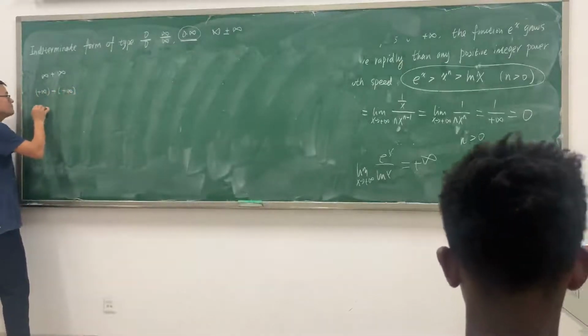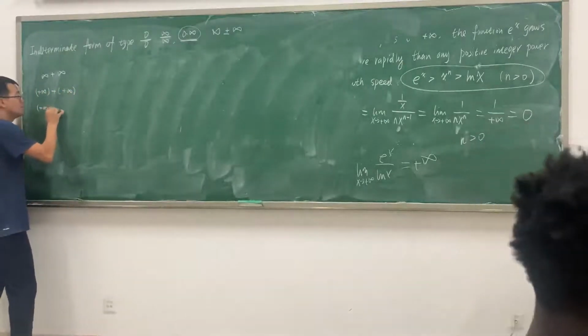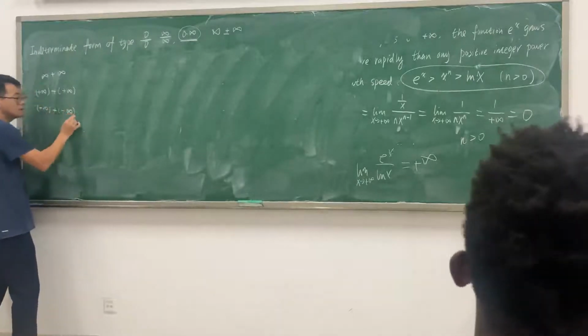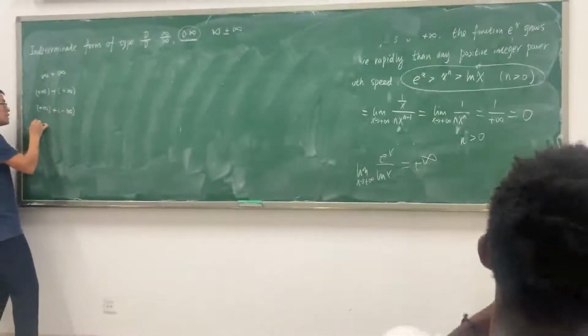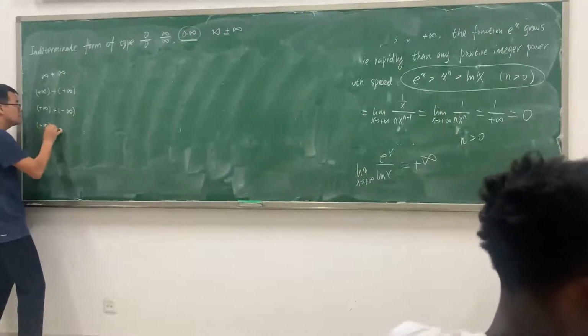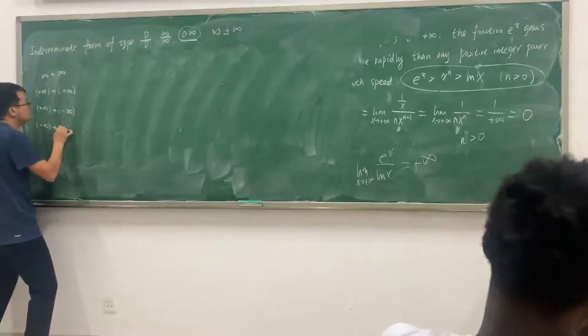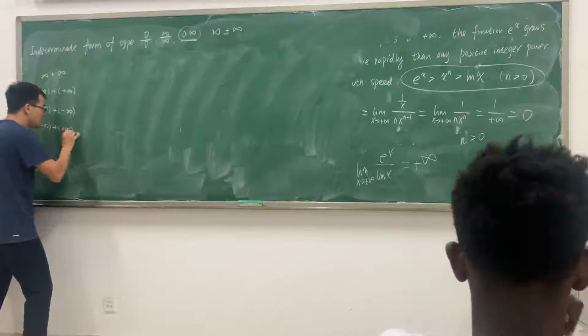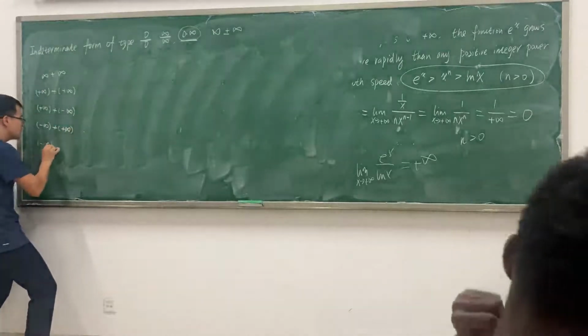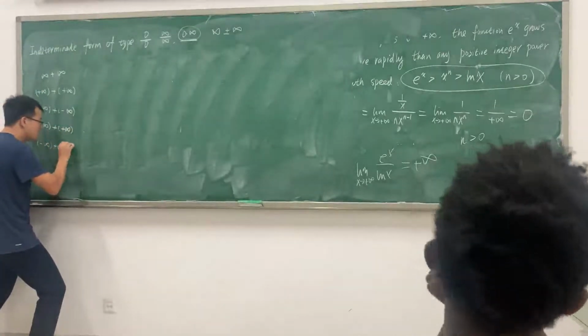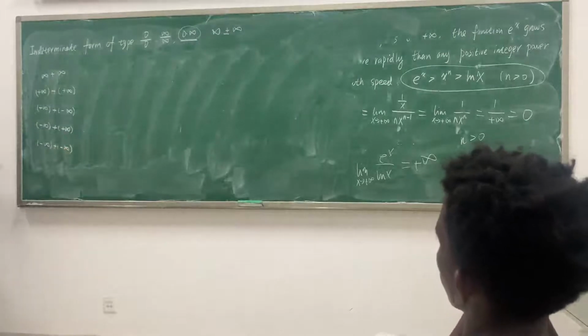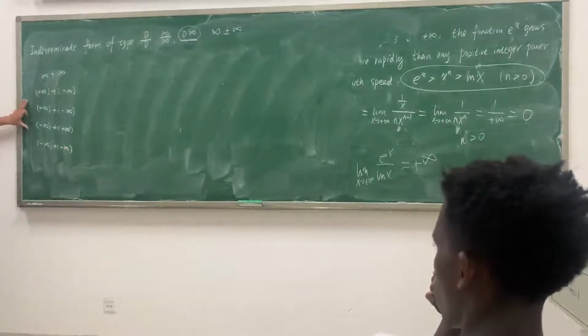The second is plus infinity plus minus infinity. The third is minus infinity plus plus infinity, and the fourth is minus infinity plus minus infinity. So we have this form.